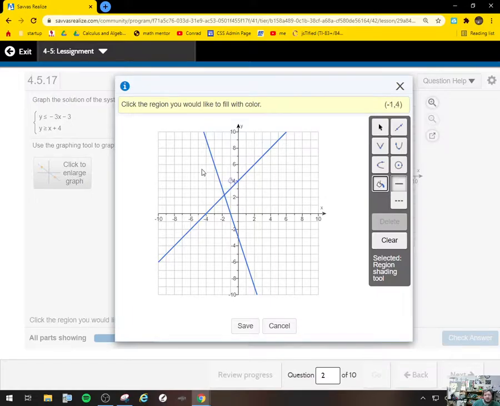And what I could do is think about these 4 regions and go, okay, which one of these am I underneath this one and over the other one? Because it's either going to be here, here, here, or here.